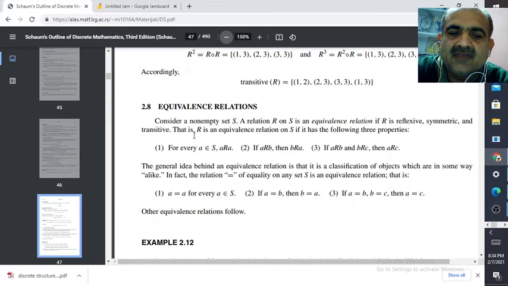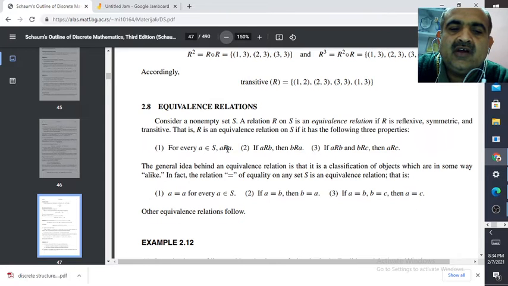For reflexive you have to see, for every a belonging to S, a R a. It means suppose the set has three elements 1, 2 and 3. Then the ordered pairs (1,1), (2,2), (3,3) should be present in the relation.